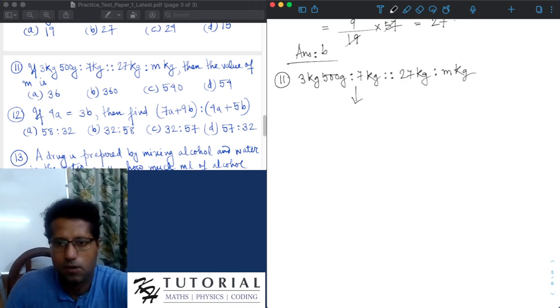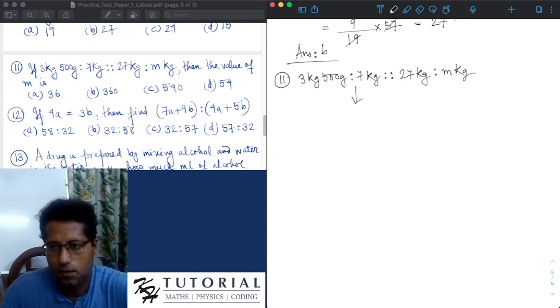So let's convert all the quantities in this proportion to gram. As you know, 1 kg equals 1000 gram.